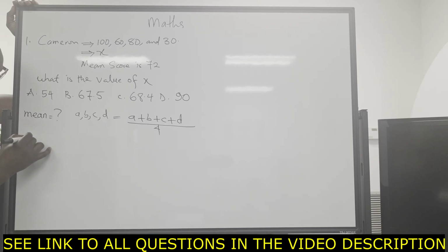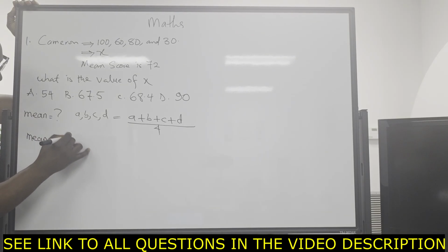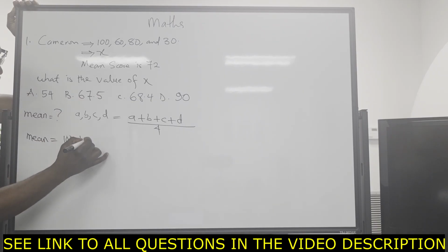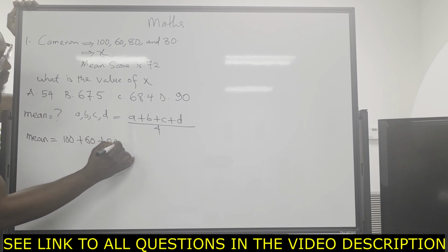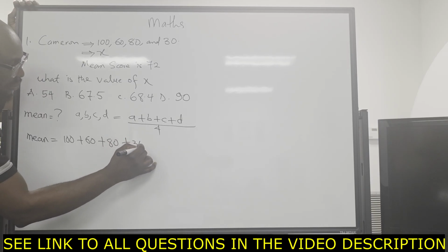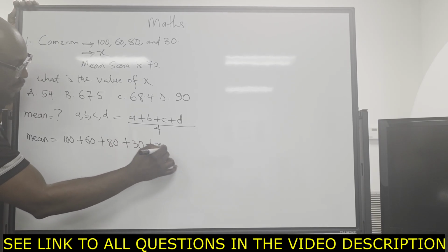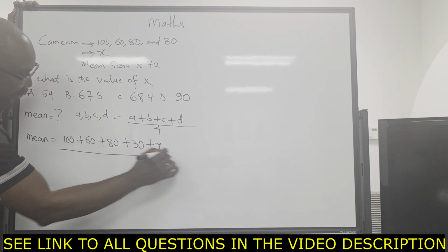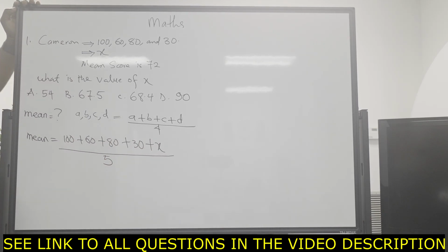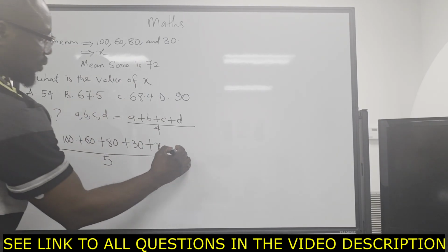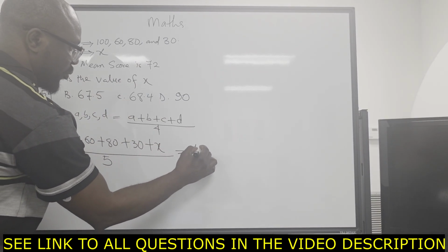So mean is equal to 100 plus 60 plus 80 plus 30 plus X over 1, 2, 3, 4, 5. We have 5. And they said the mean is 72. So let's put 72 right here.